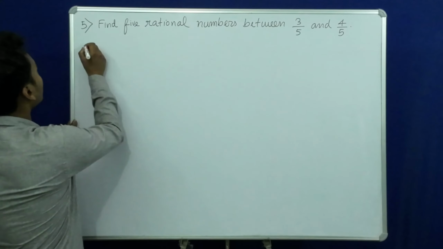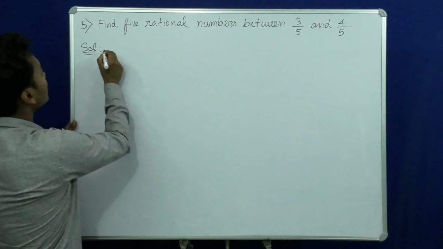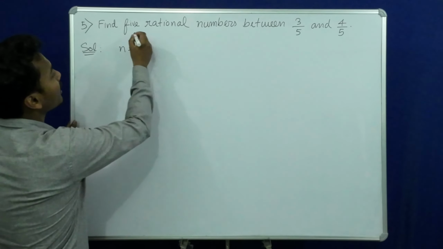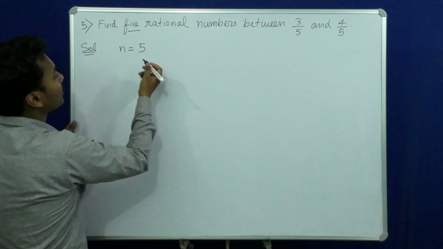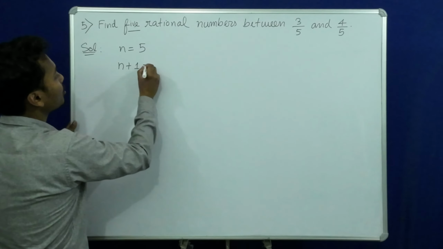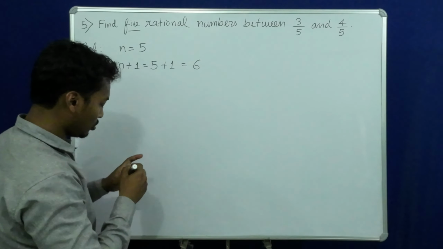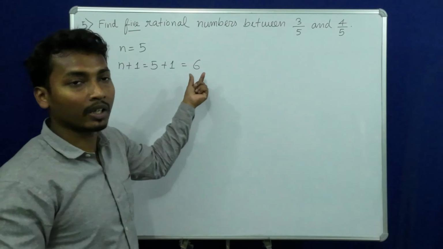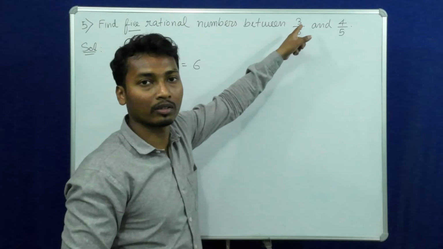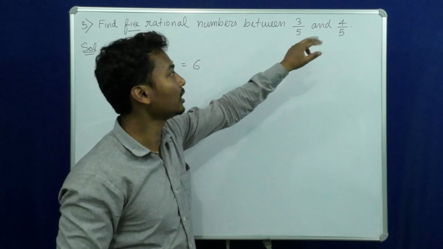So let's begin. Solution. n is equal to how many rational numbers? 5. So let's find n plus 1. n plus 1 will be equal to 5 plus 1, which is equal to 6. So we will multiply this 6 to the numerator as well as the denominator of both the rational numbers.